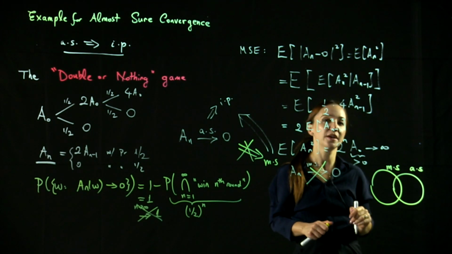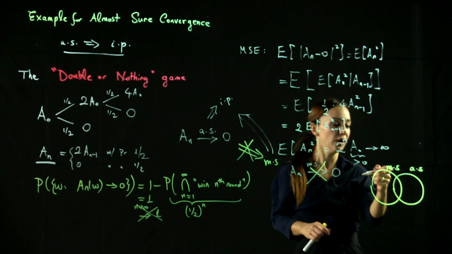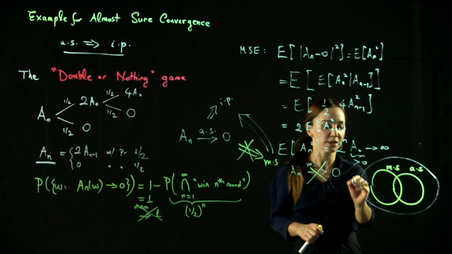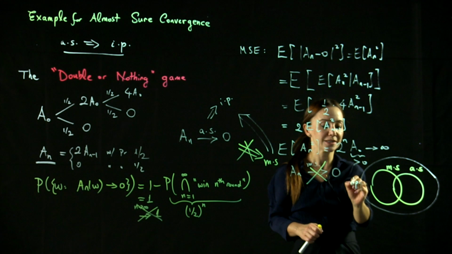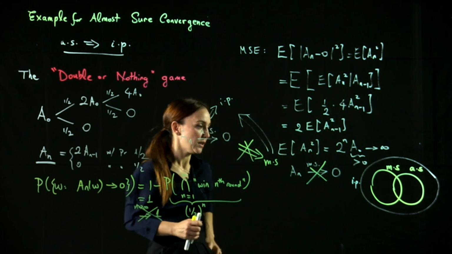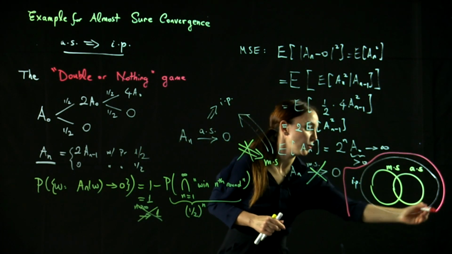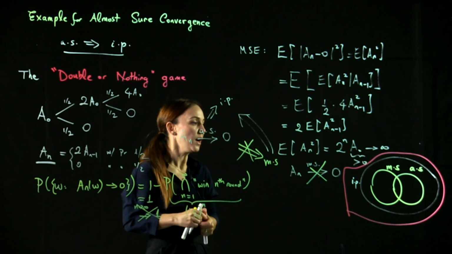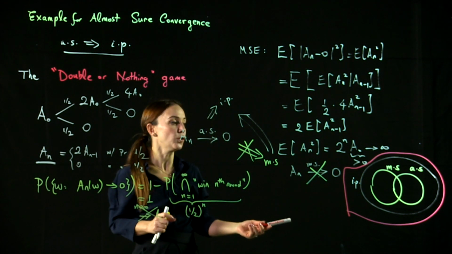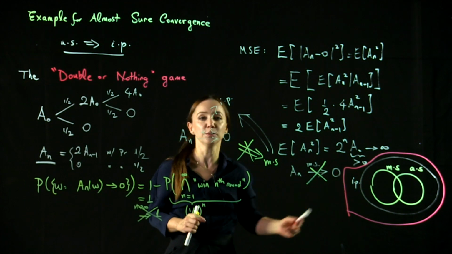Mean square and almost sure convergence do not imply each other, but when one of these exists, convergence in probability always exists. So convergence in probability is a strictly weaker form of convergence, and this can be seen in this diagram. So let me put this in a box. Mean square and almost sure sense of convergence always imply convergence in probability, but they do not imply each other.